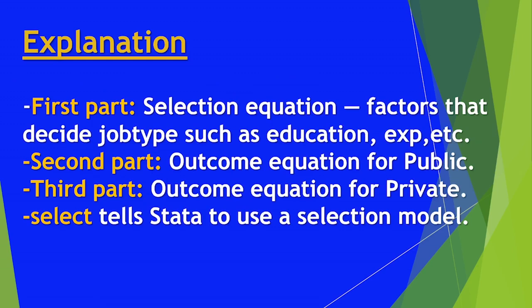First of all, I have some explanation before doing the real practical part. So part 1 of this equation will entail the selection equation, which simply stands for factors that decide the job type, such as education, experience, age, and similar. The second part is the outcome equation for public and the outcome equation for private.